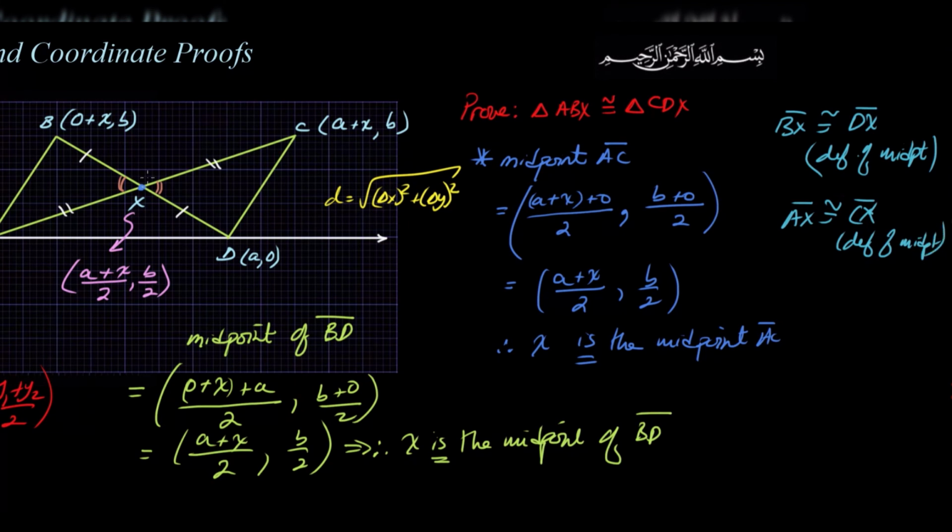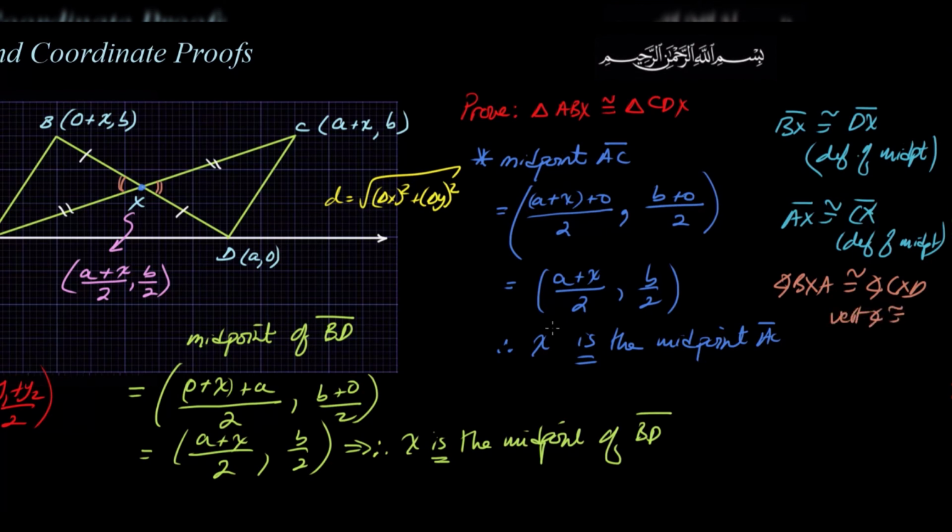And then we can say this angle BXA, that's this angle over here. Maybe I'll use that color so we can keep the angles together. I can say angle BXA is congruent to angle CXD, those two, because vertical angles are congruent.